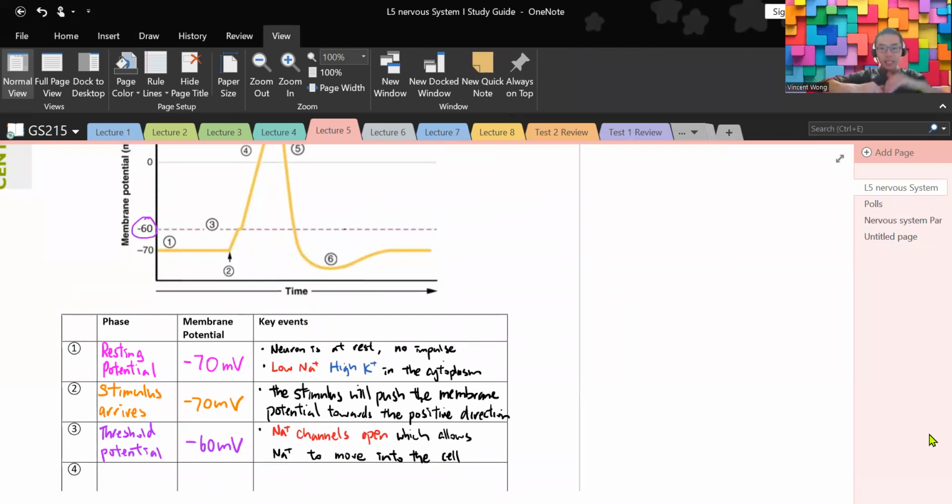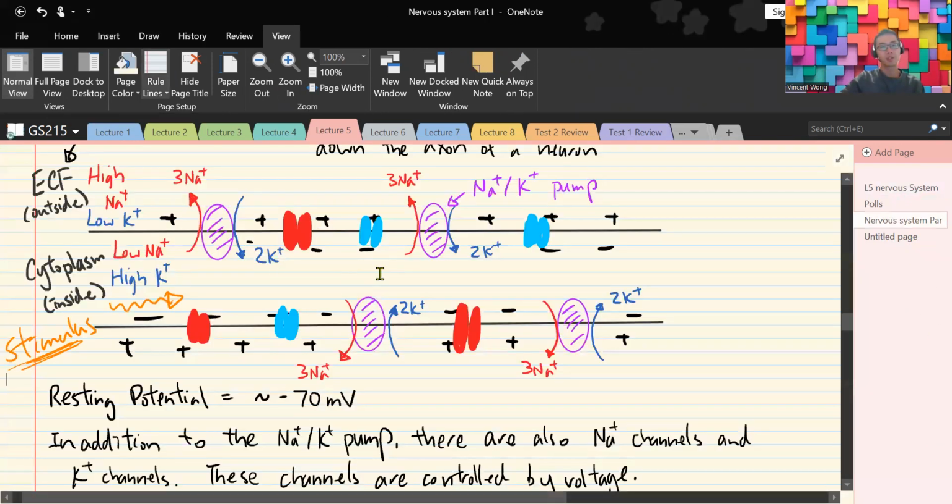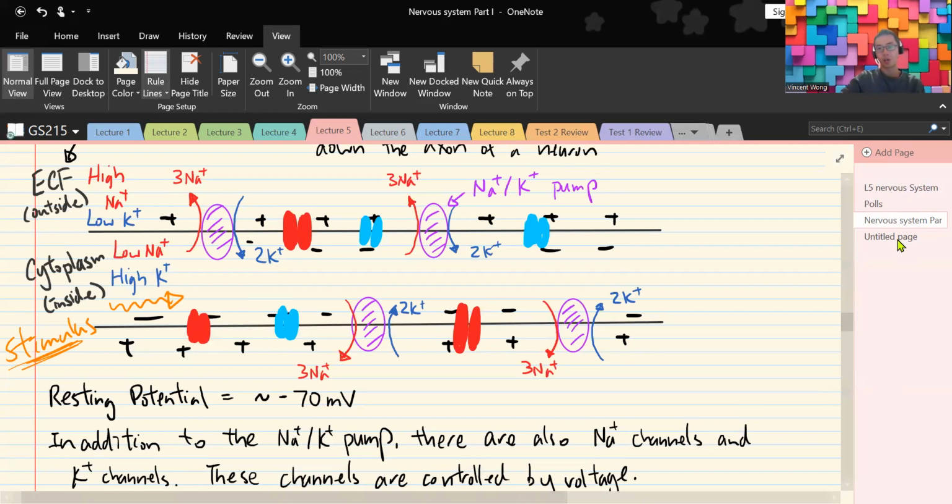When the sodium is coming into the cell, do you think the cell will become more positive or more negative on the inside? Look at our picture. Originally, it's more negative, right? But with all the sodium coming in when you open the sodium channels, is that going to make it more positive or more negative? Both Tina and Amit said positive, and they are correct.